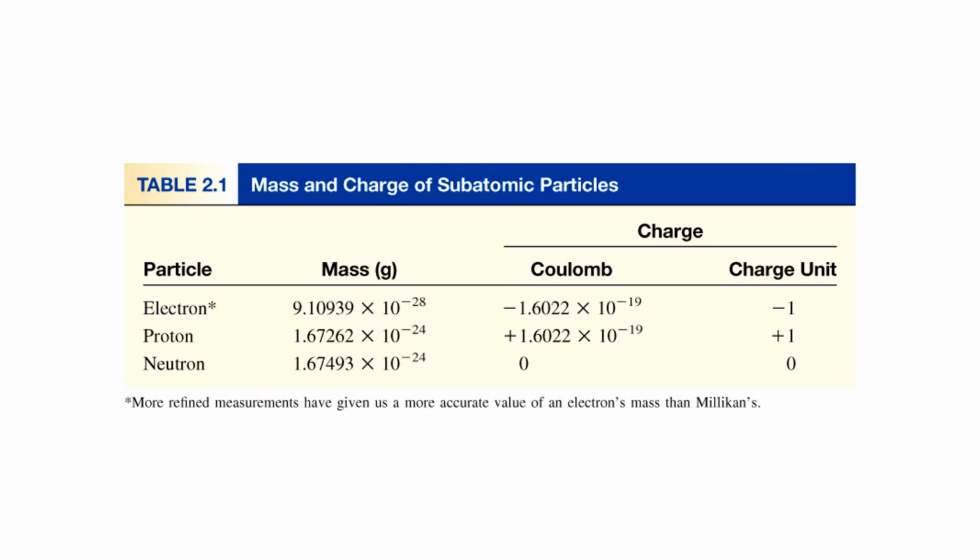We'll work with atomic mass units, which will be introduced in Chapter 3. This is the charge in coulombs, but it's customary or more convenient to use the charge unit, which is just -1 for an electron, +1 for the proton, and 0 for the neutron.